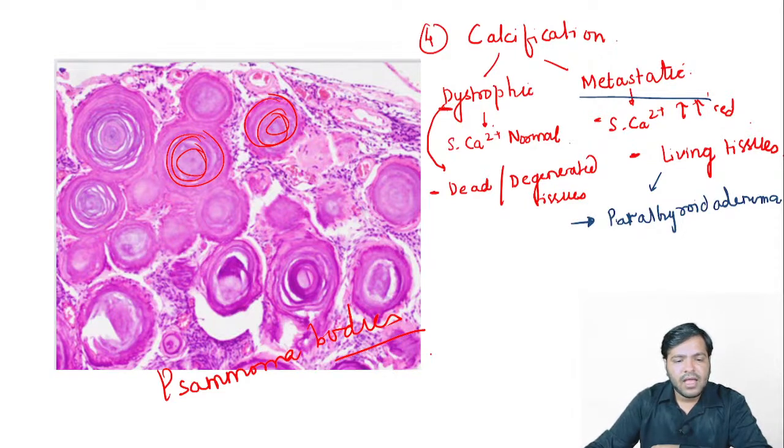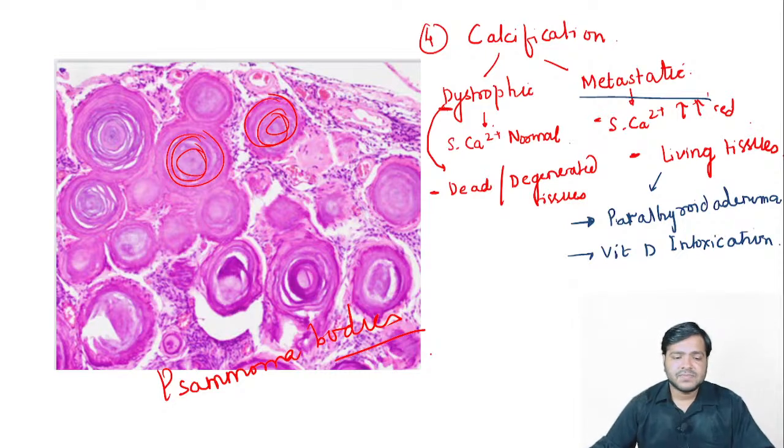Apart from that, you can see it in vitamin D intoxication, and you can also see it in milk alkali syndrome.